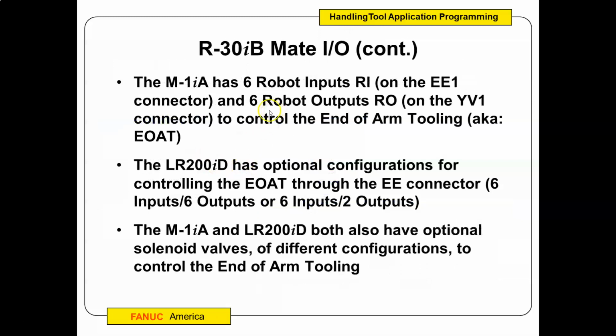Also, 6 robot inputs and 6 robot outputs. There's another optional configuration to the EE connector, and there's also the option of having them wired straight into solenoid valves. On our robots in the classroom, the end of arm tooling is controlled by solenoid valves, which are wired directly into that.